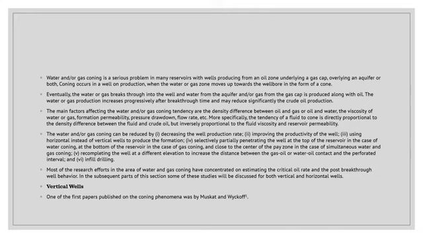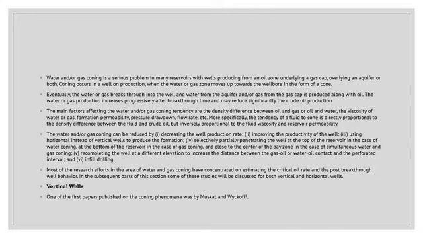The water or gas production increases progressively after breakthrough time and may significantly reduce the crude oil production. The main factors affecting the water and gas coning tendency are the density difference between oil and gas or water, viscosity of water, oil and gas, formation permeability, pressure drawdown, flow rate, etc.